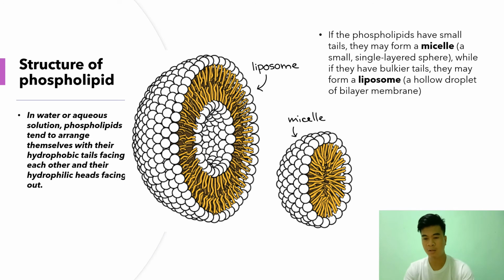Then next is the structure of phospholipids. If the phospholipids have small tails, they may form a micelle, a small single-layered sphere, while if they have bulkier tails, they may form a liposome, a hollow droplet of bilayer membrane. A liposome is a closed spherical lipid bilayer carrying aqueous solution.